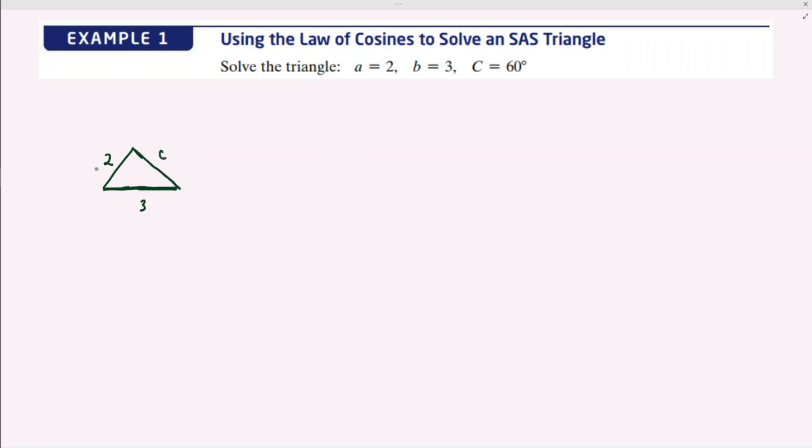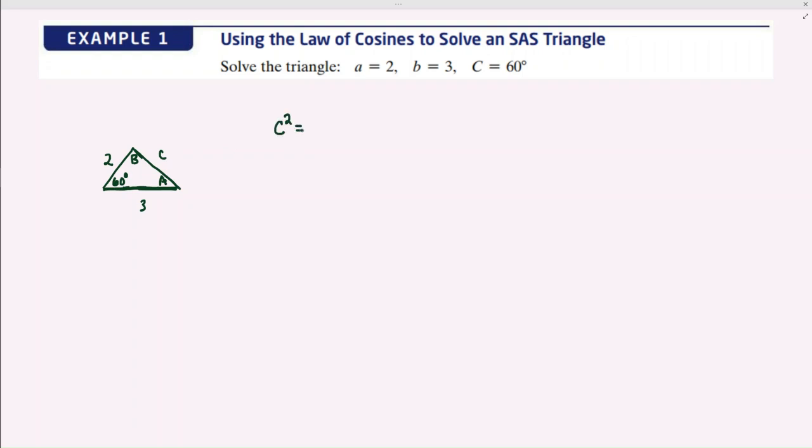Okay, so the parts they gave us were A, B, and the angle opposite length C is 60 degrees. Since 2 is opposite angle A and 3 is opposite angle B, the way we'll start is with C, which we don't know, but we know the angle opposite it.